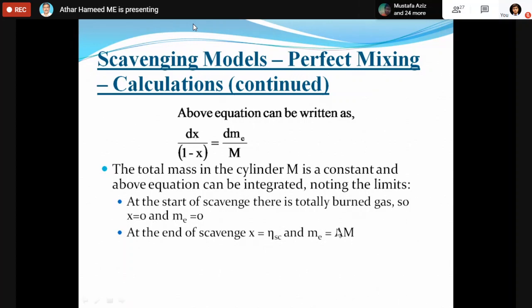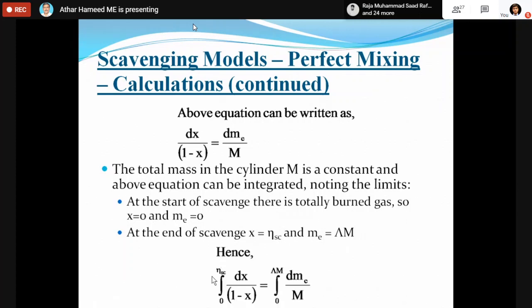And ME is equal to the delivery ratio multiplied by the total mass. So we integrate dx over 1 minus x from 0 to the scavenging efficiency, and dme over m from 0 to the delivery ratio multiplied by the total mass.